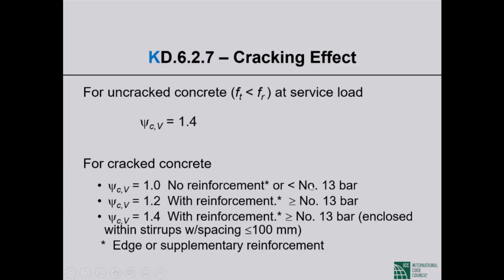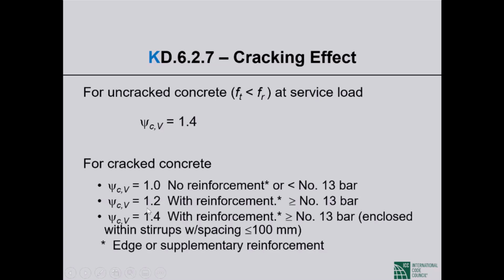If you have supplementary reinforcement consisting of bars larger than or equal to number 13 in size, then the correction factor is 1.2. And if you have supplementary reinforcement consisting of bars larger than number 13 in size, enclosed within stirrups with a spacing not to exceed 100 millimeters, then you are as good as uncracked concrete. You get a 1.4 correction factor.